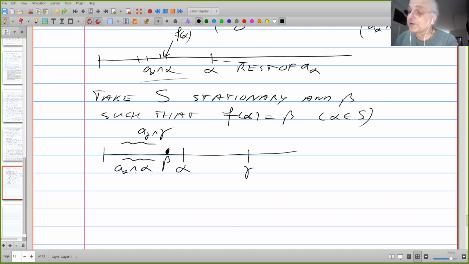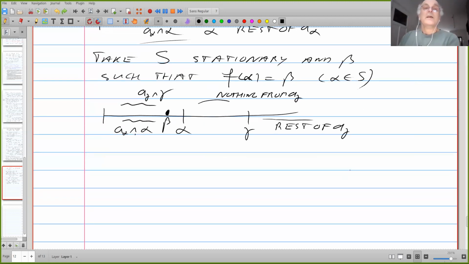A alpha intersect alpha has its maximum in beta. So there is nothing from A gamma between alpha and gamma here. And that's important, so the rest of A gamma lives at gamma or higher.